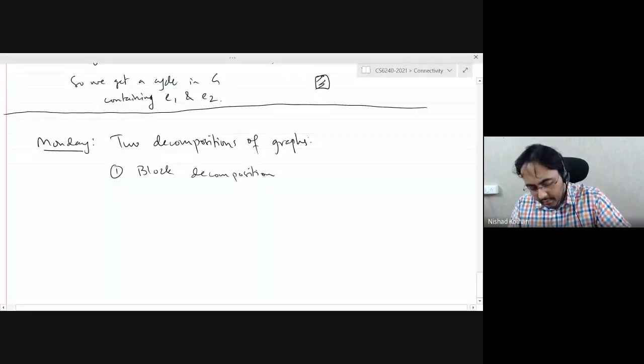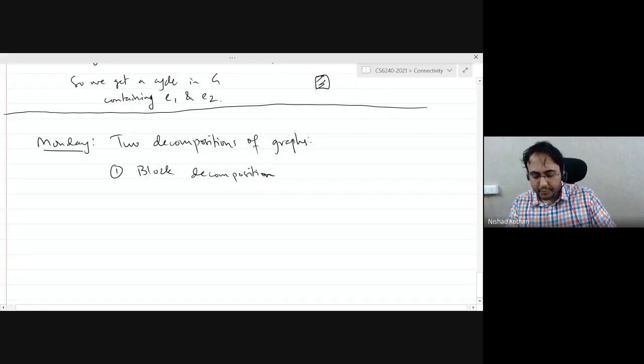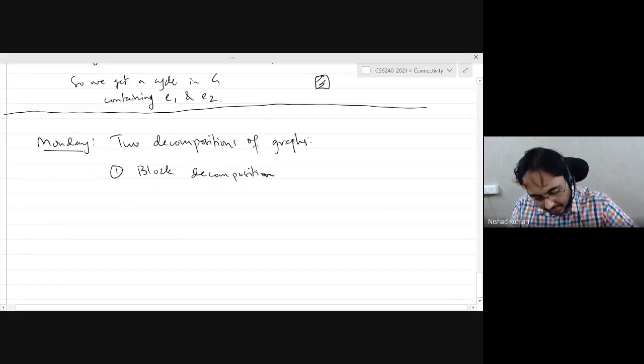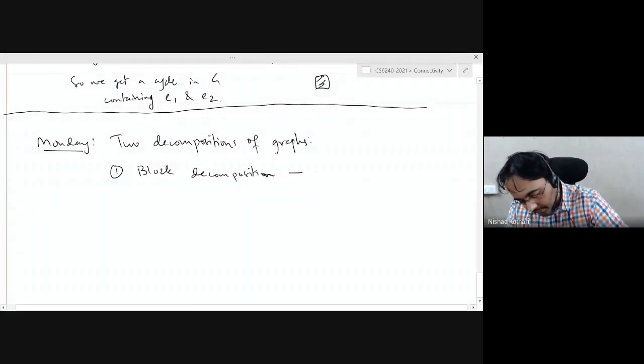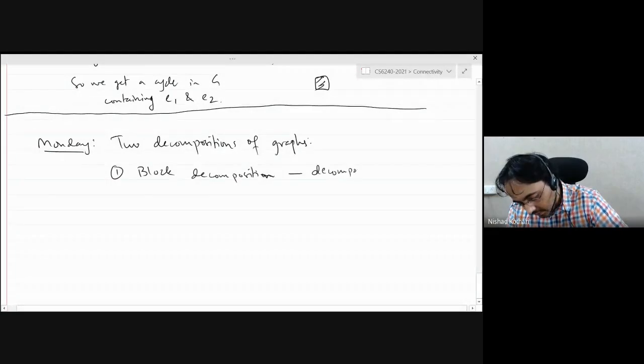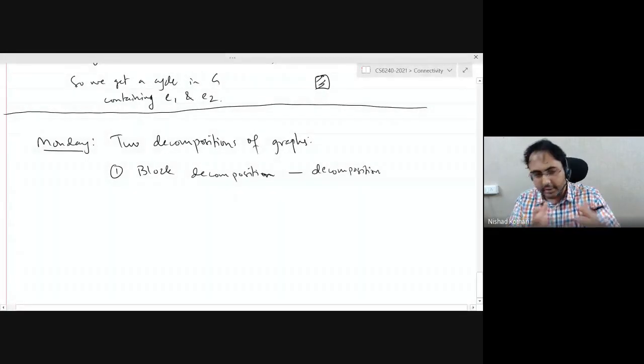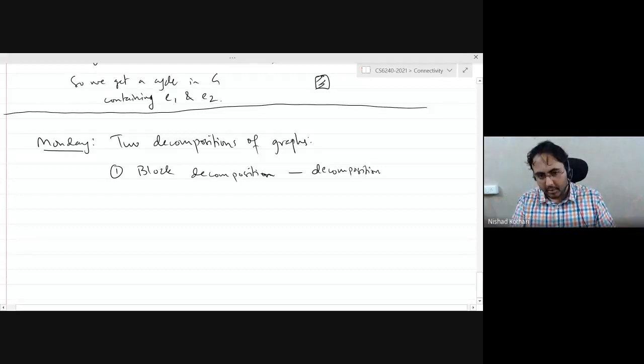What you do is you break a graph into smaller graphs, which are the maximal non-separable subgraphs of that graph. Often these are called bi-connected components or 2-connected components, but we will use the terminology from Bondy and Murty, non-separable subgraphs. So that is a decomposition. Let me just give you a glimpse of it. A decomposition is a partition of the edge set. That's one way to think about a decomposition.